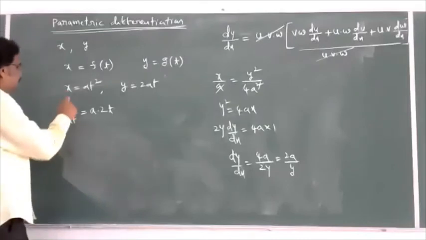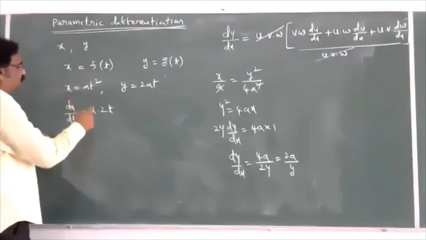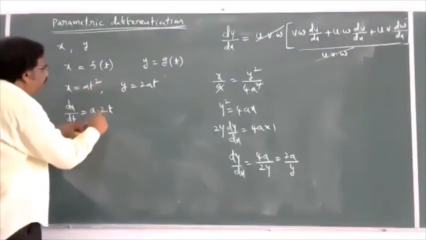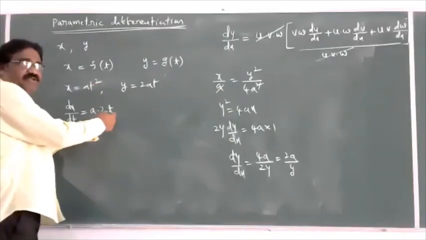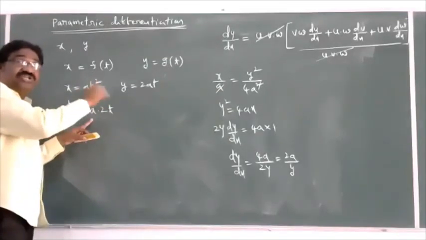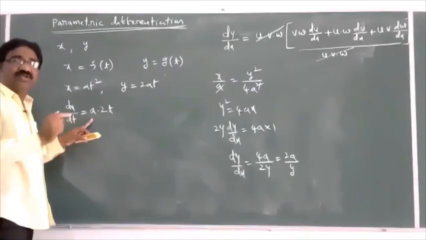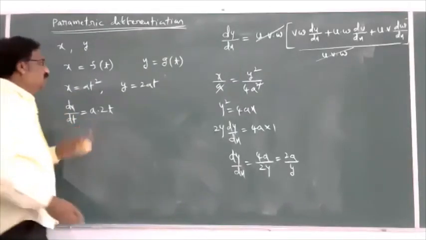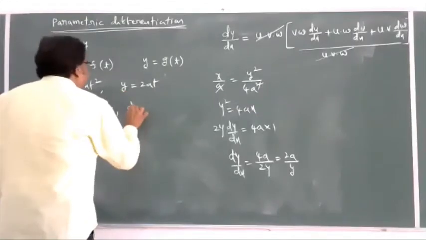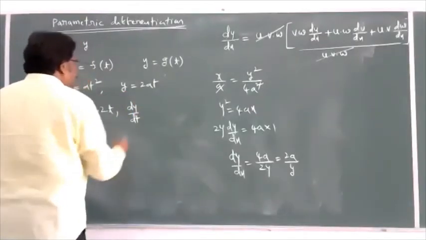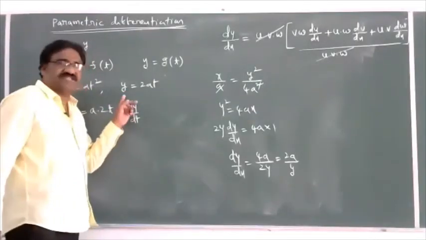That is, dx by dt is equal to a into the derivative of t square, which is 2t, into, by using the chain rule, the derivative of t, which is 1. With respect to t, doing the derivative, the derivative of t is 1. Here, for y, dy by dt, differentiating both sides with respect to t.